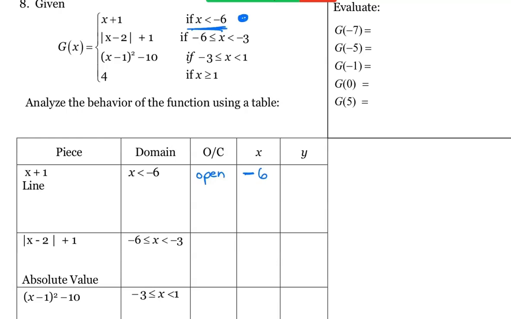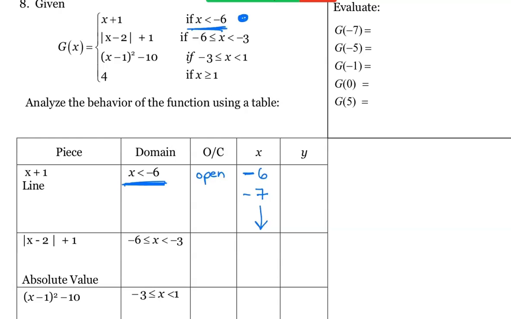Okay, that's the only open piece. Then go one more digit less, okay? And I would tell you to get your line going. This is a one-sided restriction. So therefore, the other restriction is going to continue without bounds. So that means you're going to have an arrowhead on your function for there.